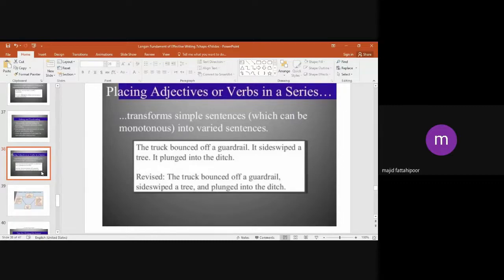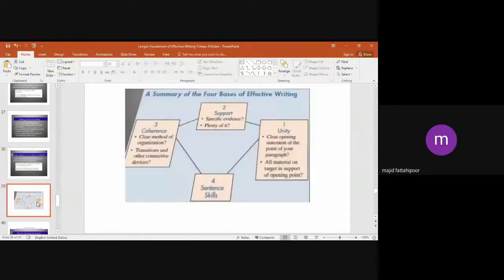But we can make it better by combining the sentences, saying the truck bounced off the guardrail, sidewiped a tree and plunged into the ditch. That's much better.